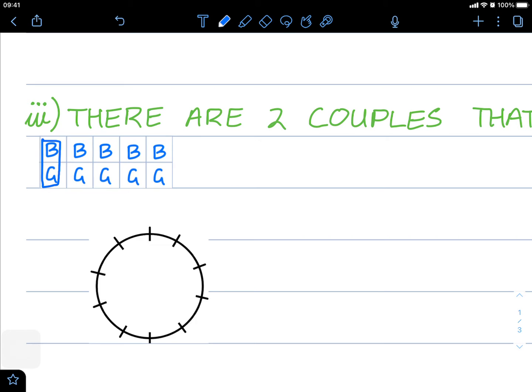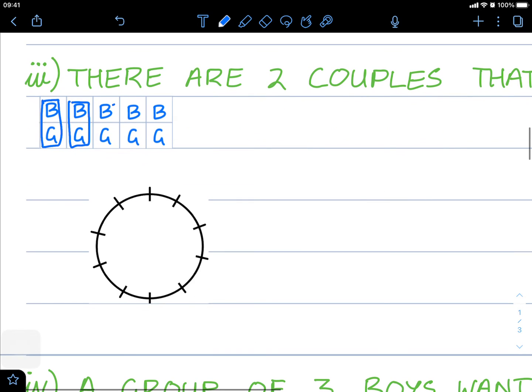So in essence, we initially had 5 boys and 5 girls. That's 10 objects in total. But now because we're grouping 2 couples together, these two couples are treated as one object each. So we're down to 1, 2, 3, 4, 5, 6, 7, and 8. There are 8 objects left.